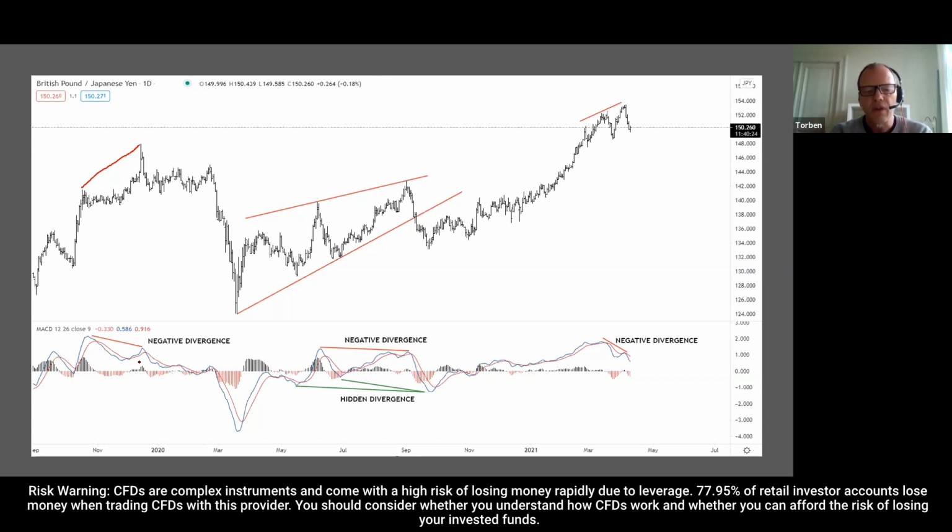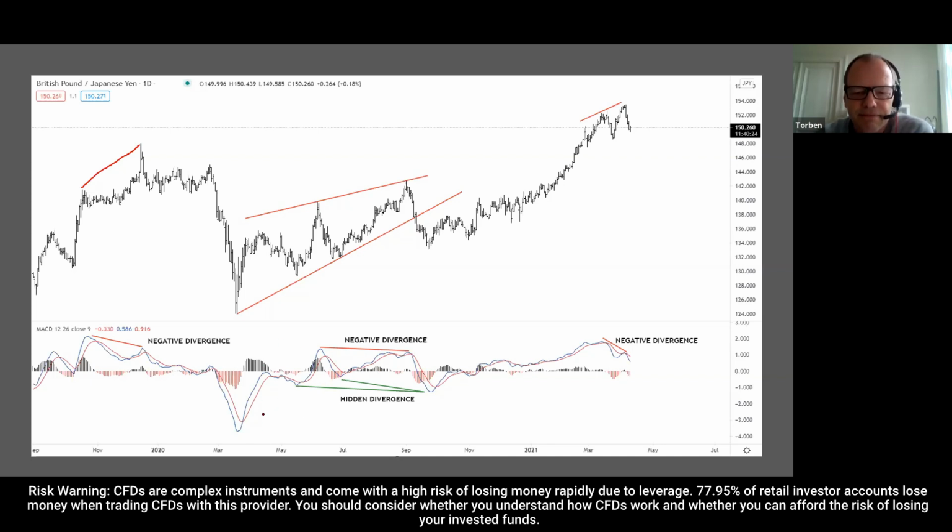Fine if you like to do it, and you will catch most good runs with this, but at some point you will likely get into a zigzag trade that would really hurt you big time.